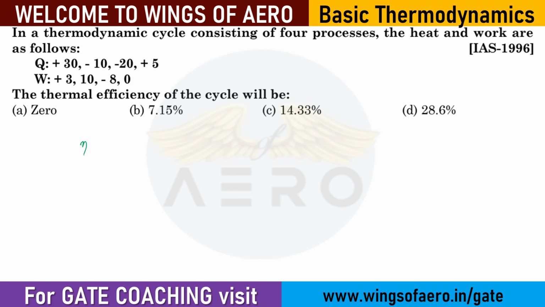Now you know what is eta? Eta means net work done by input. So whatever the input, meaning added, the positive value. So from here you need to find what is the input value. That means 30 and 5.